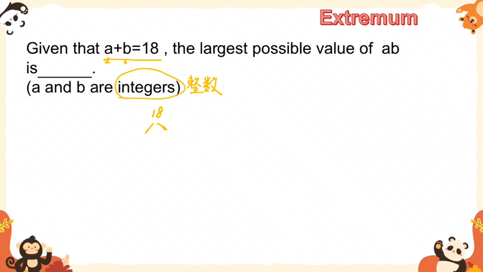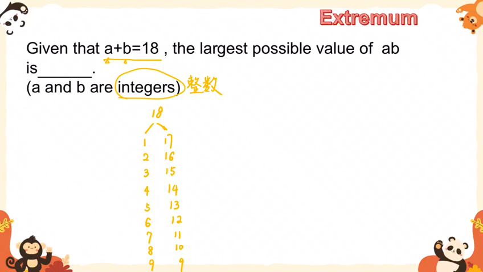You can take it apart into 1 plus 17, and then 2 plus 16, 3 plus 15, and 4 plus 14, 5 plus 13, 6 plus 12, and 7 plus 11, and 8 plus 10, and then 9 plus 9. Okay, 9 plus 9.